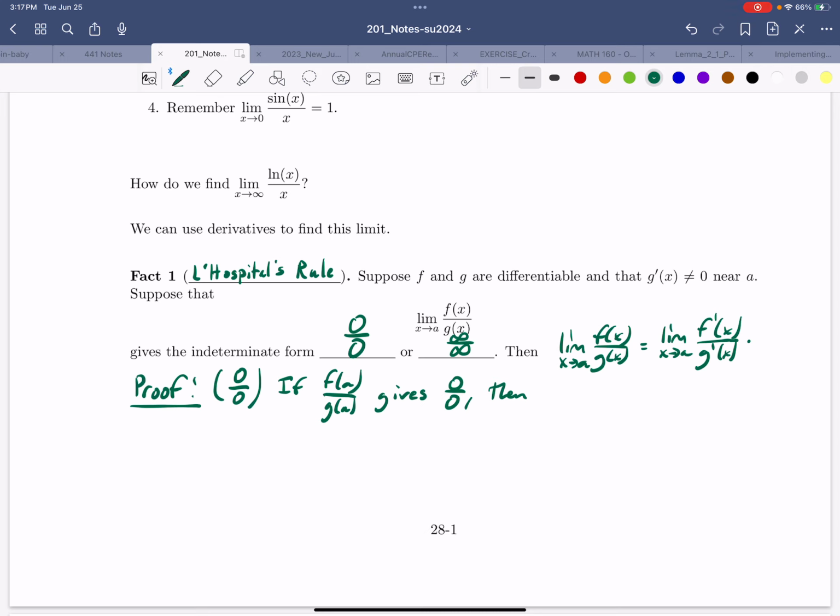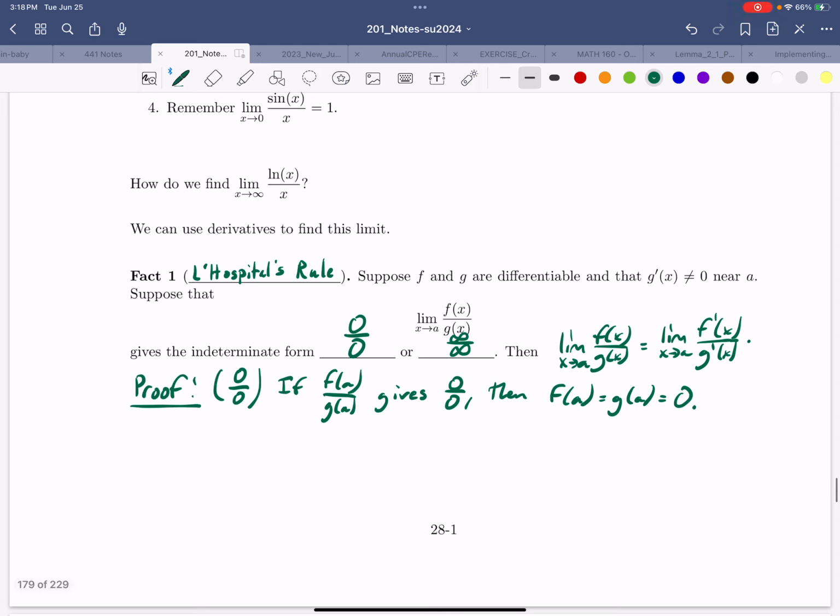What does it mean that it gives an indeterminate form? It means that f of a equals g of a, which equals 0. That's what we're really saying. And that's actually how the book presents the theorem. It says if f and g are differentiable, g prime does not equal 0, and f of a equals g of a equals 0, then blah, blah, blah.